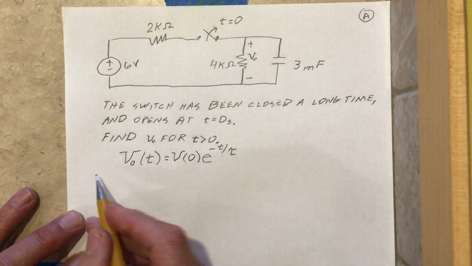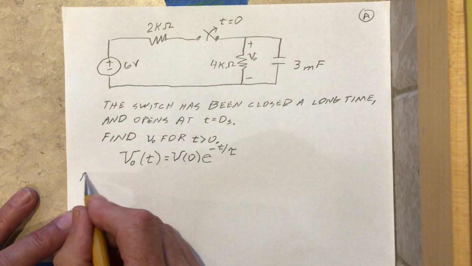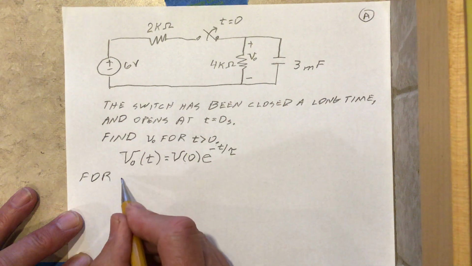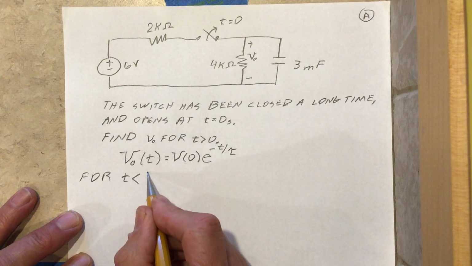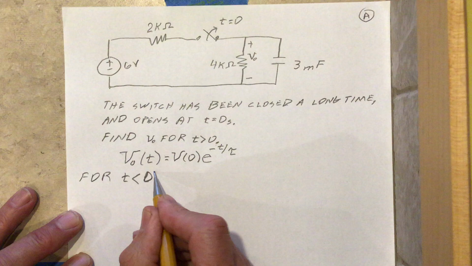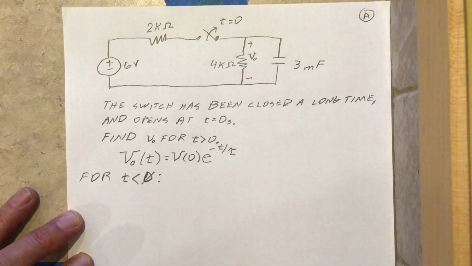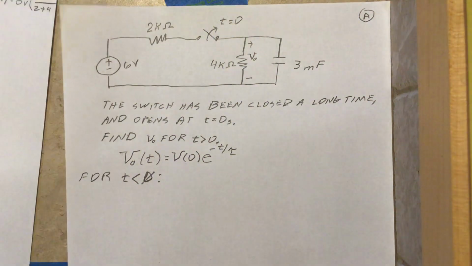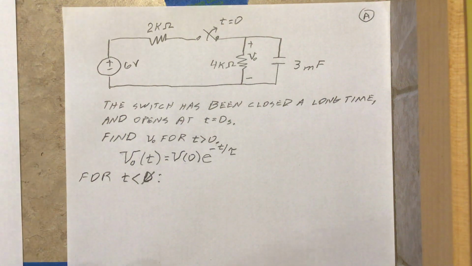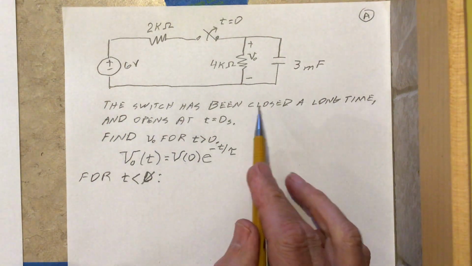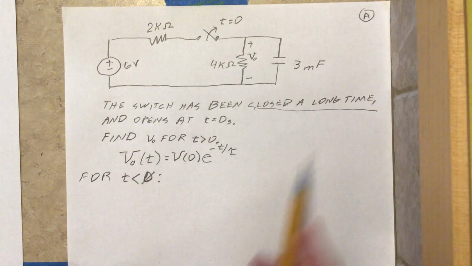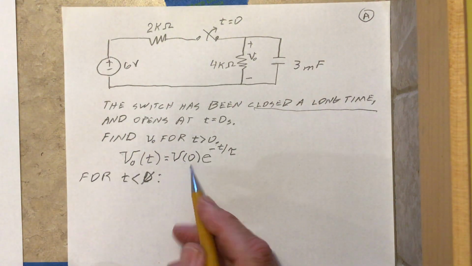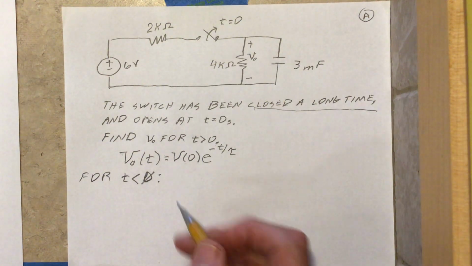So before the switch opens, what do we have going on before the switch opens? Now, we're given the information that the switch has been closed a long time. That's important. So that means our capacitor is in steady state.